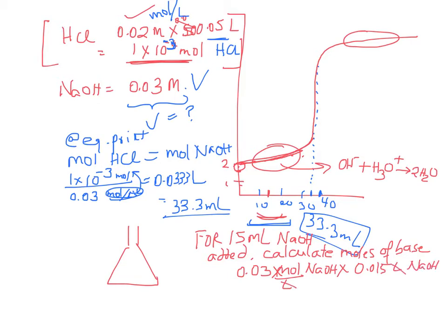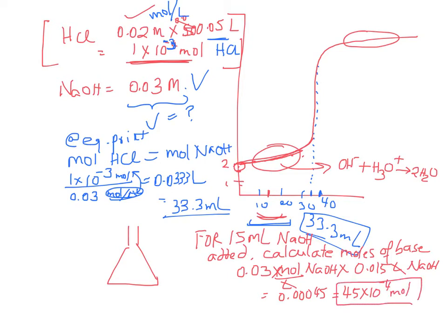So the liter and liters will cancel off, and you're going to end up with, let me just plug that number in. I am punching in on my calculator 0.03 times 0.015. So that gives me 0.00045, or you could say 4.5 times 10 to the negative fourth moles.